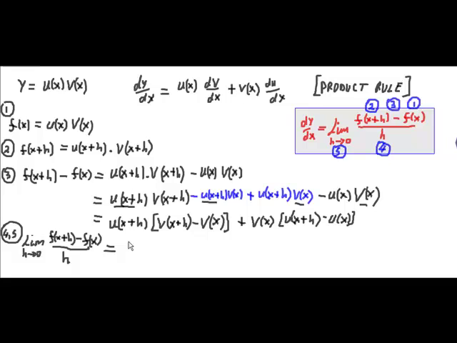Let's get the limit of the right hand side, so we can divide that in two parts. We'll do the u parts first, and then we'll do this first term here, which is u(x+h). So the limit as h goes towards 0 of u(x+h) into v(x+h) minus v(x).